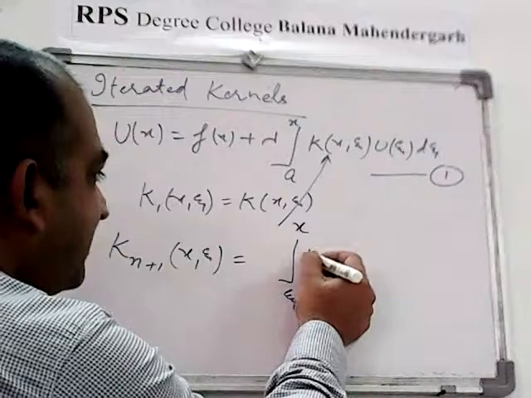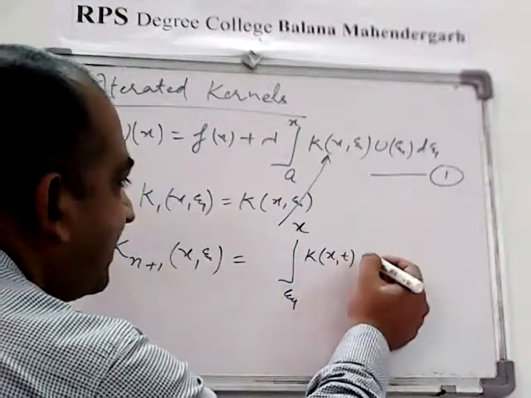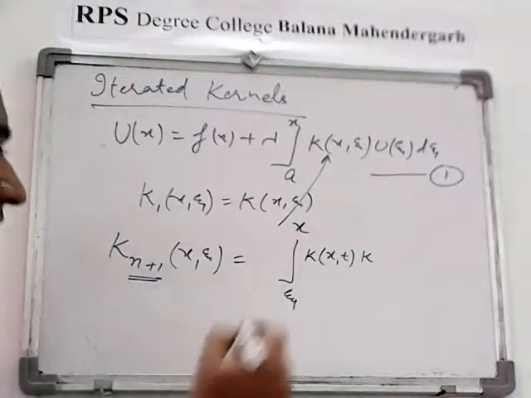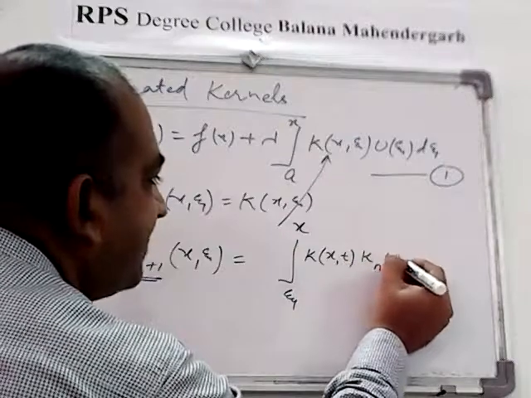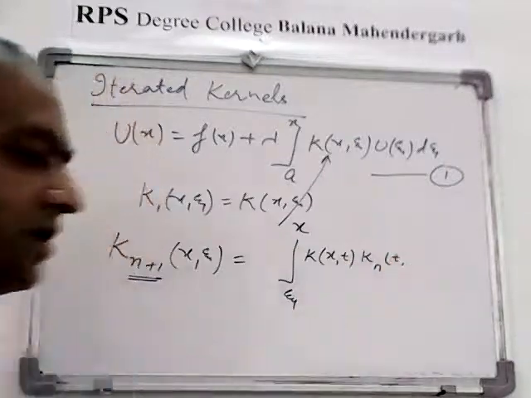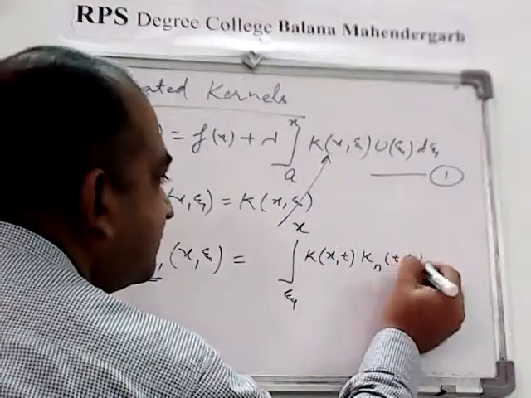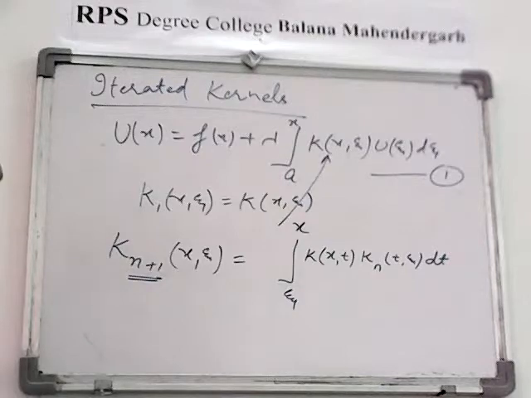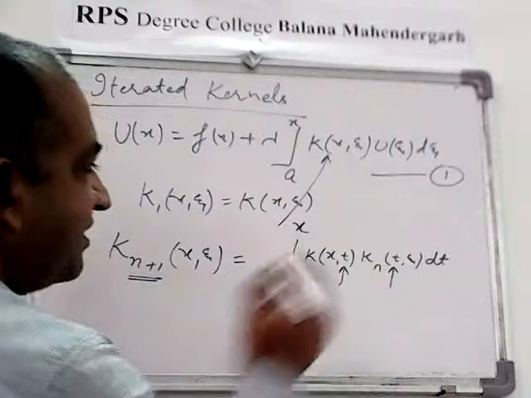At this position we have a kernel K(x, t), and then we have a kernel K_n(t, ξ) dt. So the t variable is here, similarly the t variable is here.